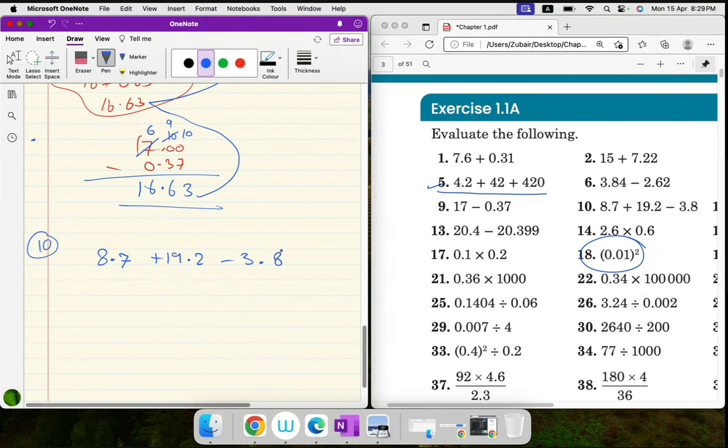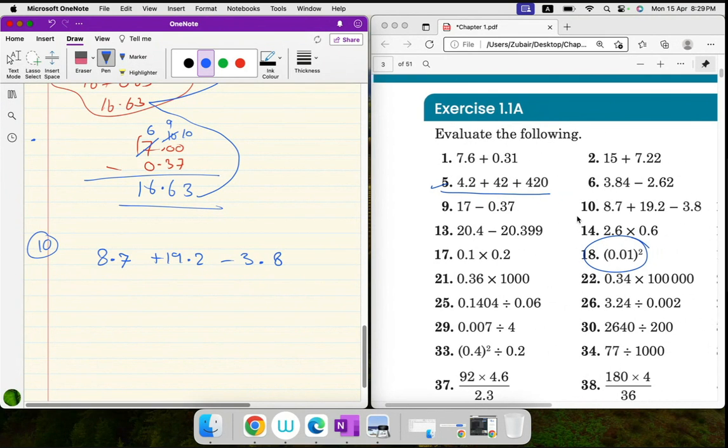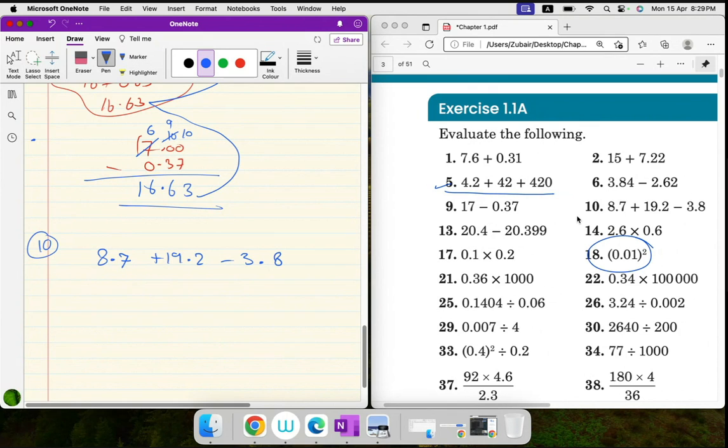Okay, so 27.9 minus 3.8, 8.1, 24.1. Yes, sir. 24.1.